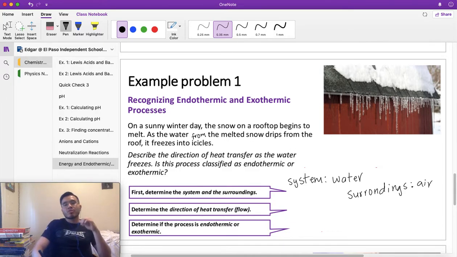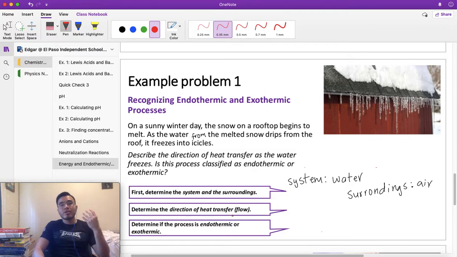Now let's determine the direction of heat transfer, the flow of heat. Let's use red. Notice that the water is being frozen. So of course, if something freezes, it's going to get colder. For something to get colder, it has to release heat. It has to go down in temperature.